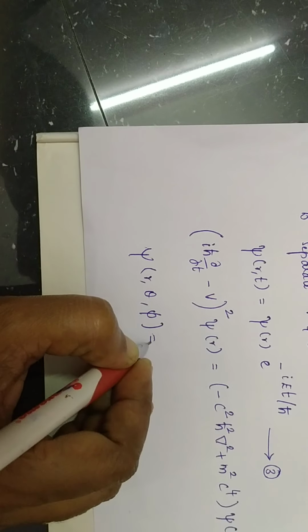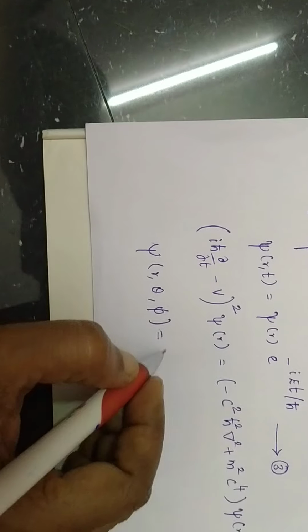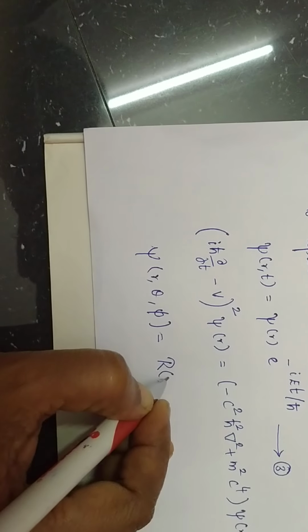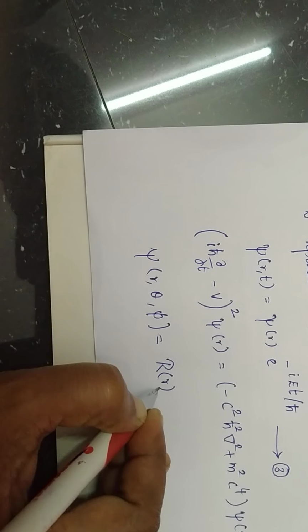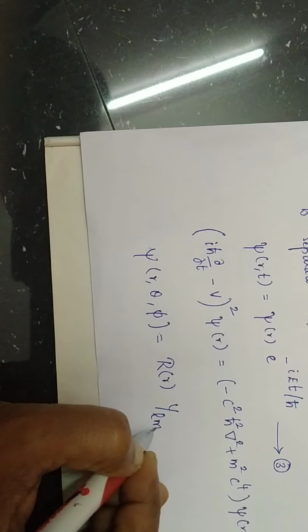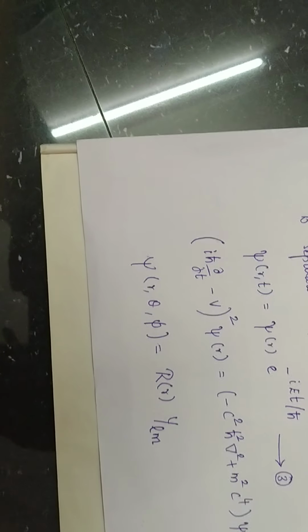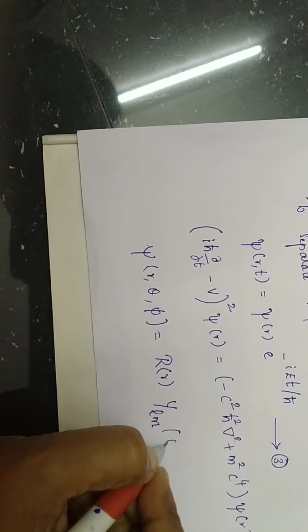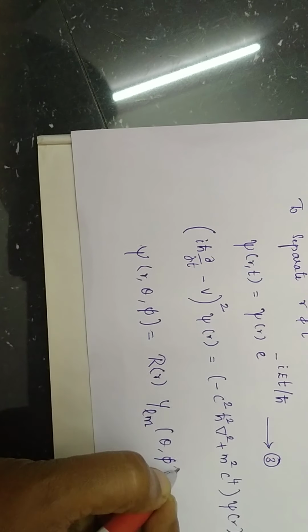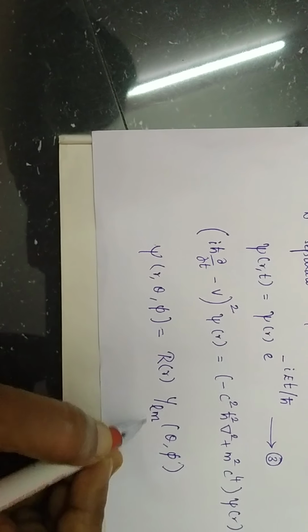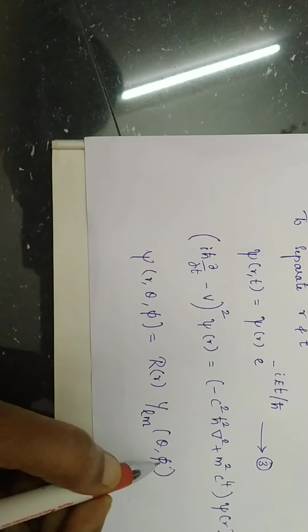If it is psi of r comma theta comma phi, then instead of writing like this, we can separate it. That is, psi can be written as R of r into Y suffix lm of theta comma phi. Okay, so this is the polynomial form of theta and phi.